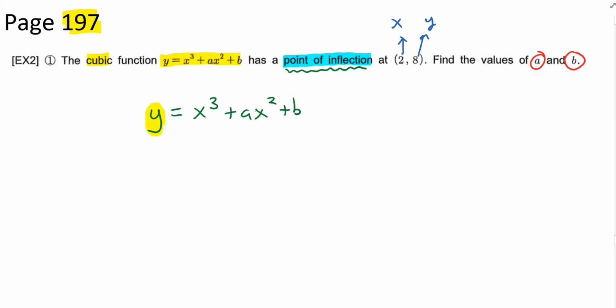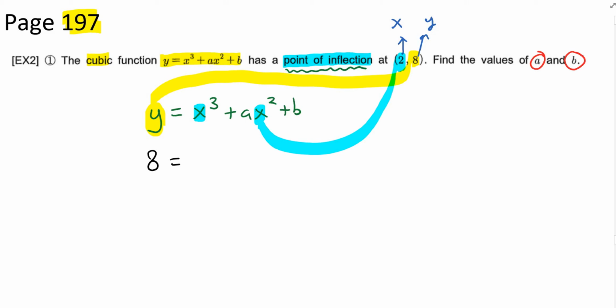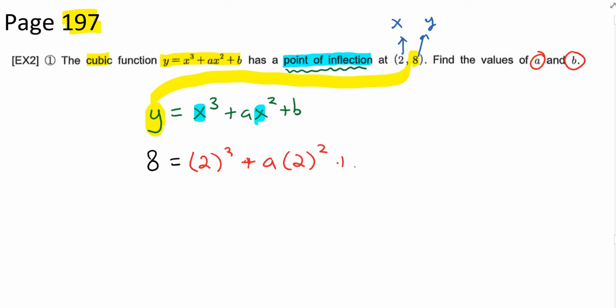So this y right here, I can replace with this 8, and that's going to become 8 equals... And anytime I see an x, I can change all these x's to that 2. Okay, so let's do that. So this will be (2) to the power 3 plus a(2) to the power 2 plus b.